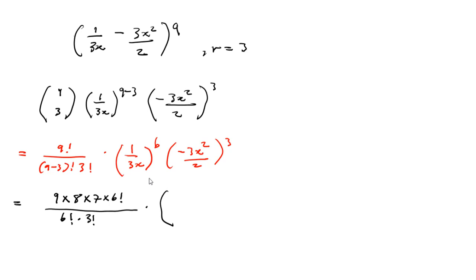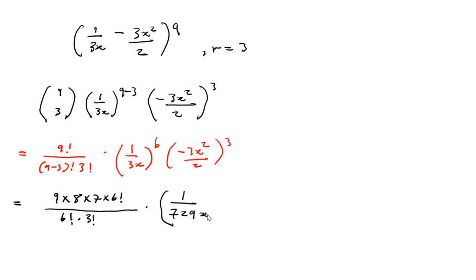So you now have 1 to the power 6, which is simply 1 over 3 to the power 6, which is just 3 times 3 times 3 times 3 times 3 times 3, giving us 729.